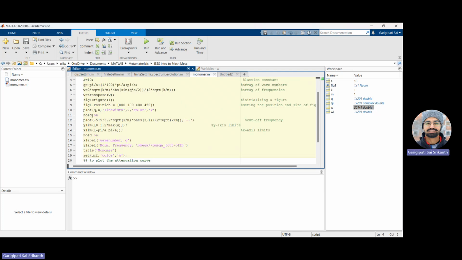What we should do is plot, divide by pi by.